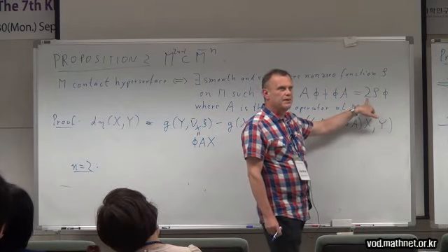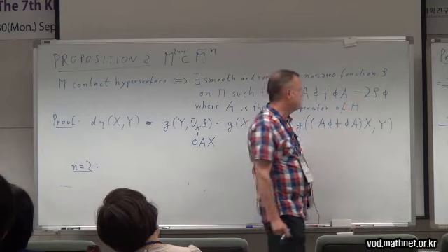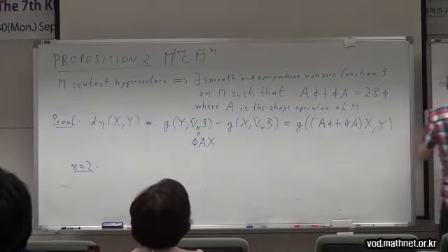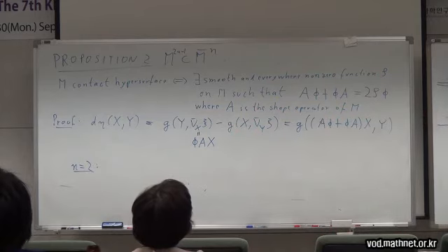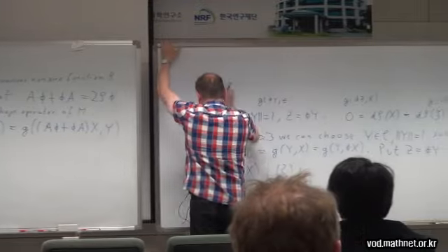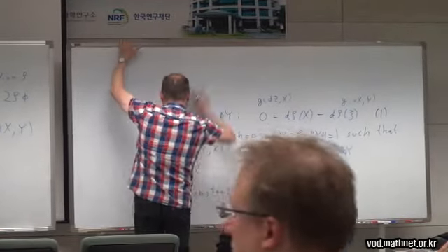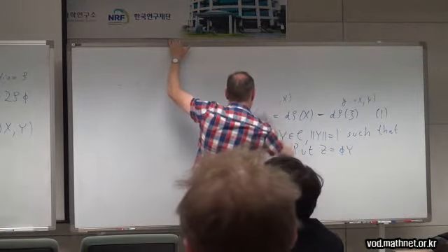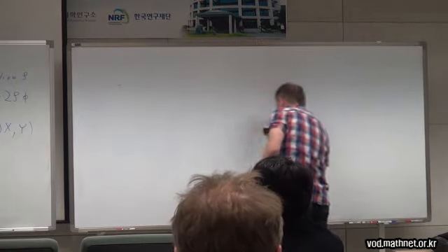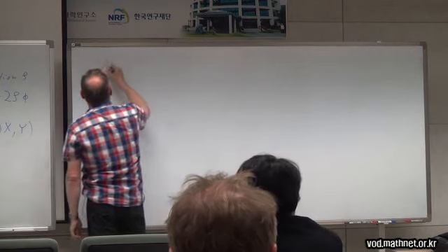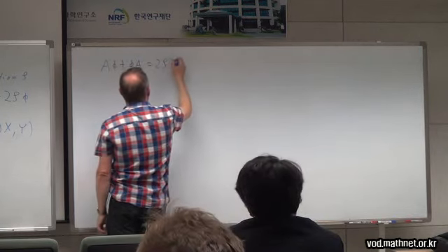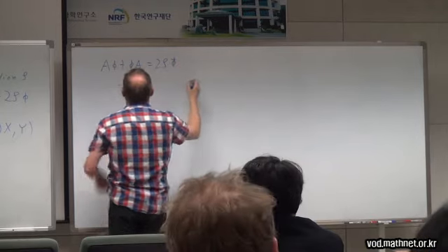Not always, but if this is satisfied, then you get, so what am I going to say? Maybe I should write this down. A phi plus phi A is equal to 2 rho phi.